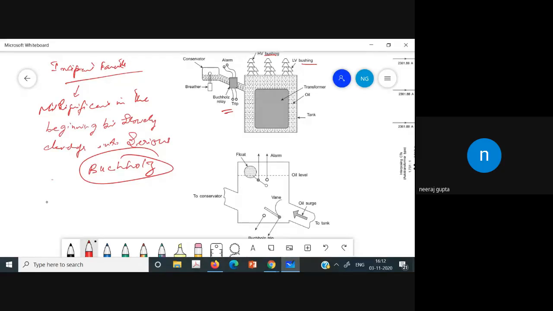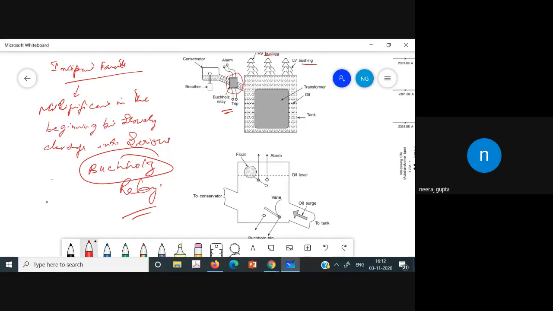We will have the breather and the conservator, and two types of contacts are there in the relay. One is the trip contact, and the second is the alarm contact. So it is actually a non-electrical means of detecting the fault.